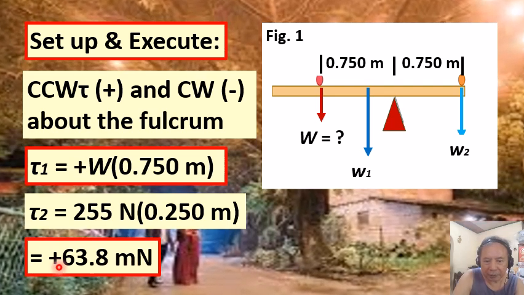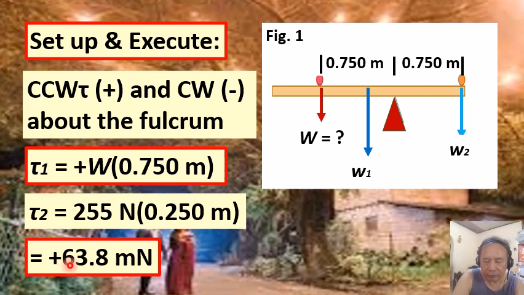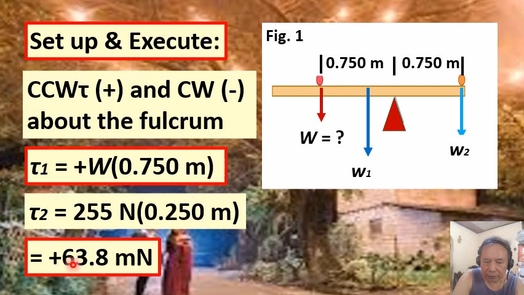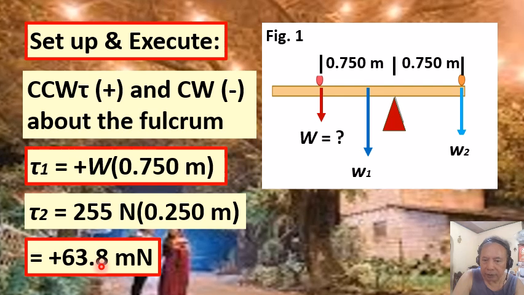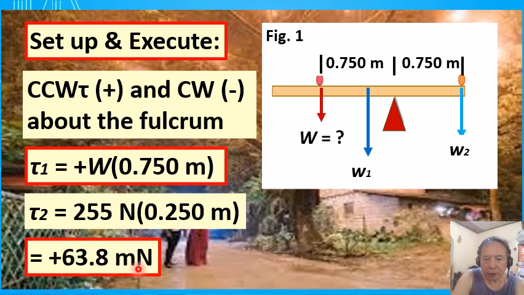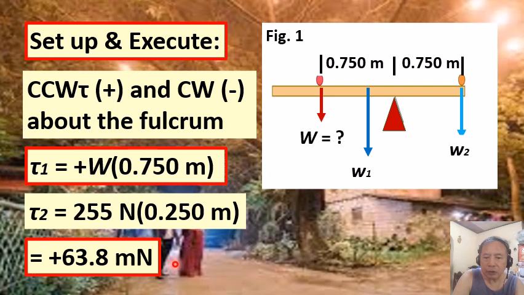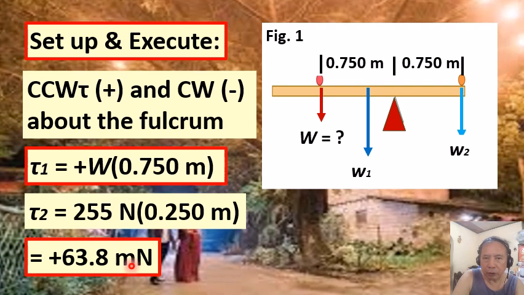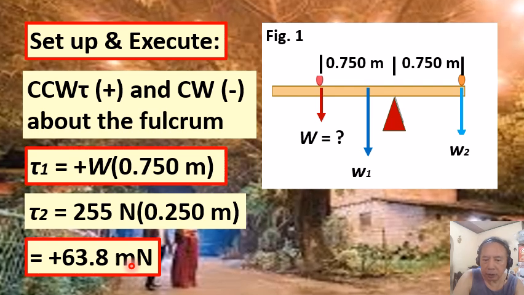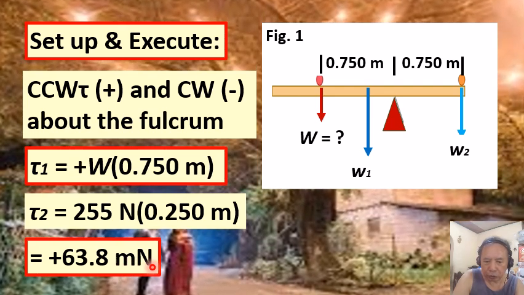Again, the positive means that this torque causes the rod to rotate in a counterclockwise manner. To distinguish the unit of torque from that of work, we make the unit of torque meter Newton.